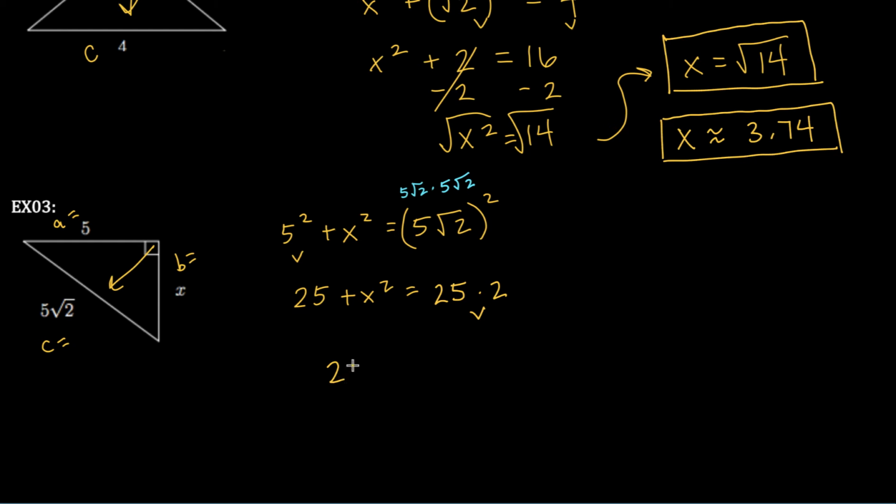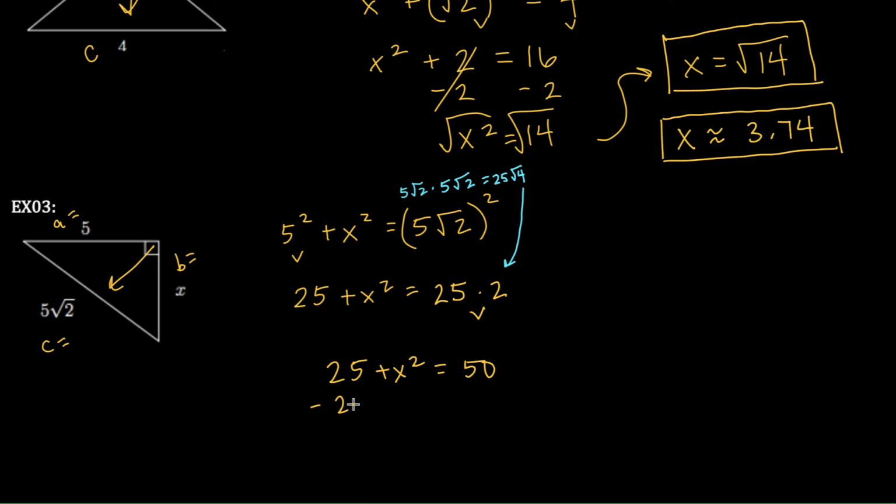So we get 25 plus x squared equals 50. Remember that 5 times 5 was the 25. Square root of 2 times square root of 2 is 2. Well, if you want, you can put 25 square root of 4, which is 2, like right there, if you need to see it.